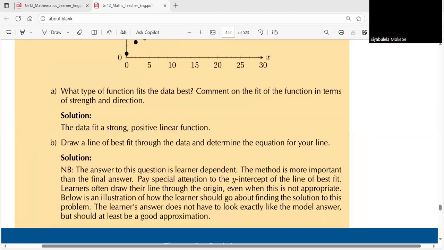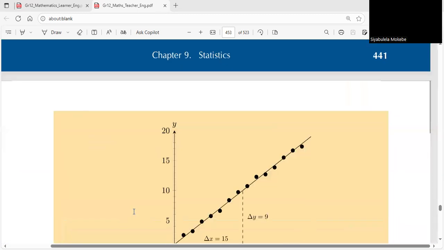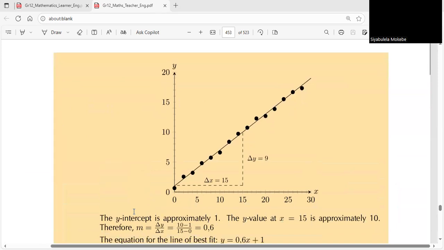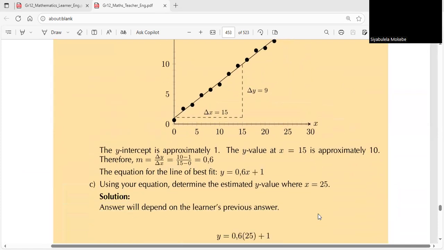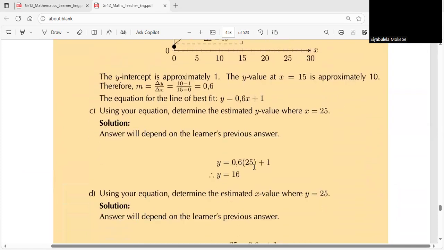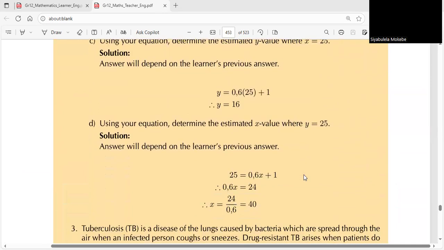So you need to pay special attention to the y-intercept of the line of best fit. Then obviously for C, it will depend on your answer to the questions above, and D.